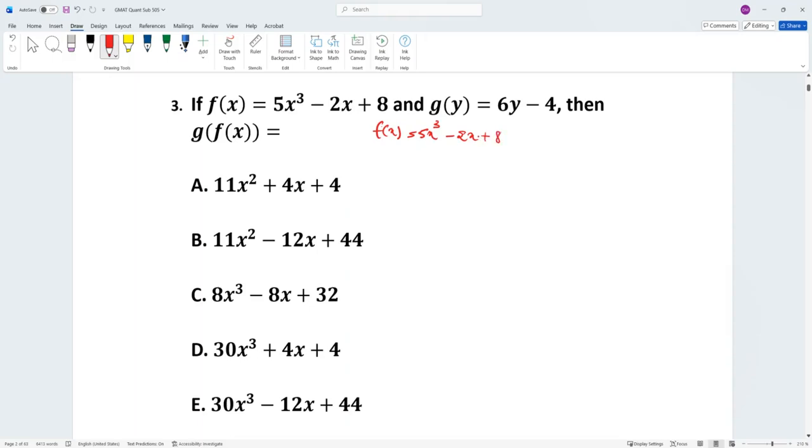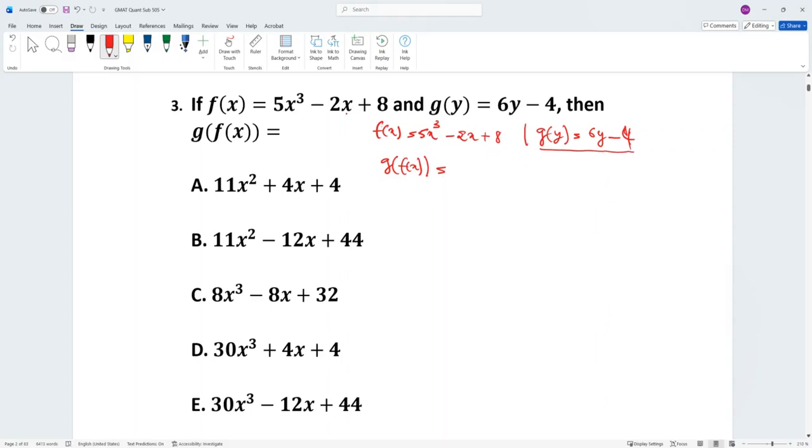And at the same time, we have g of y, which is equal to 6y minus 4. Okay, and it wants us to find g of f of x. Okay, so this is g of y.